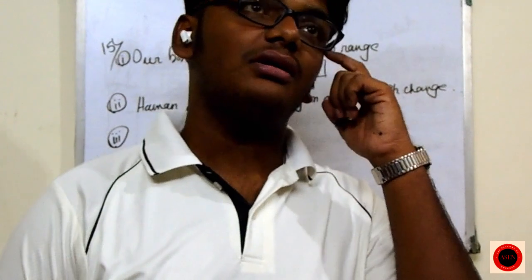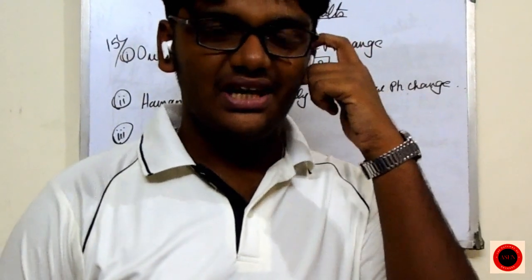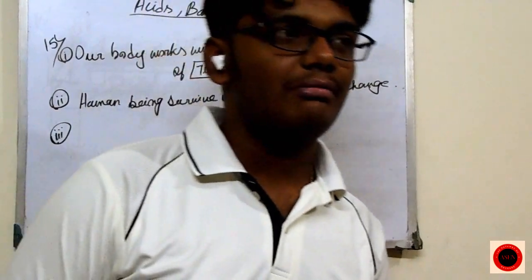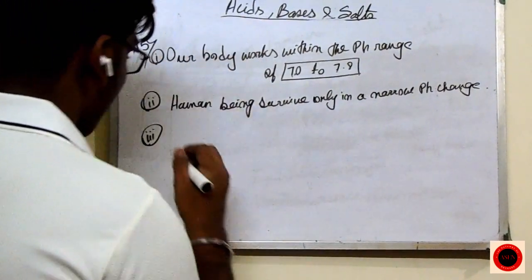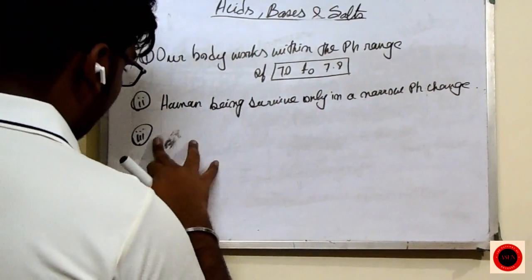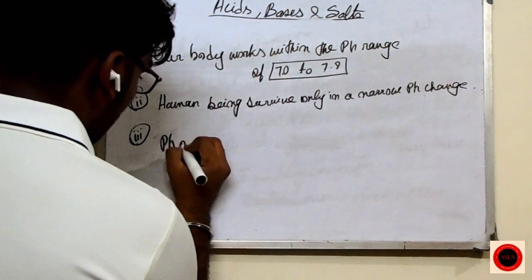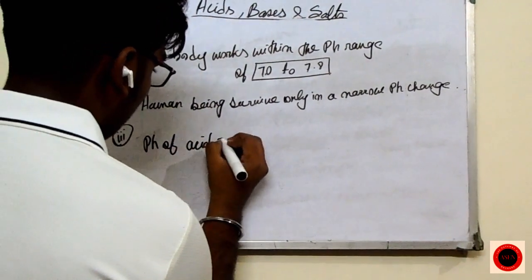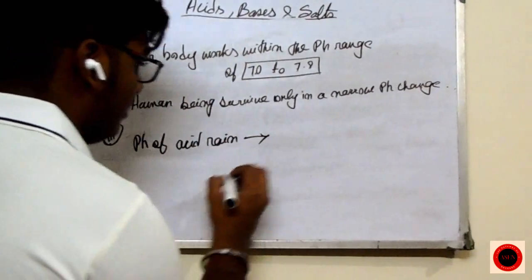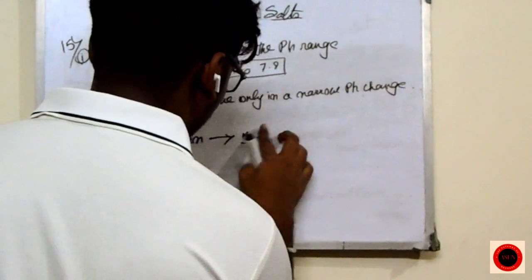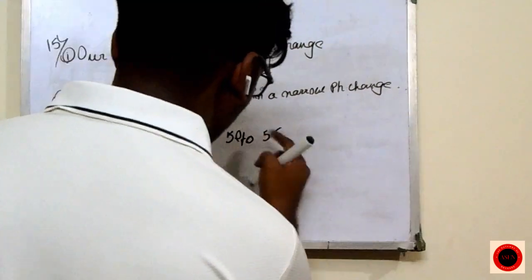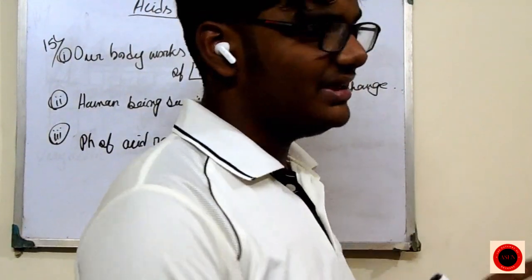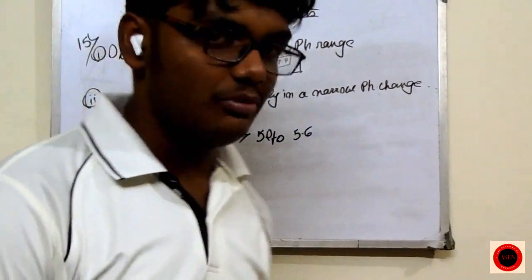We have read it in class 6 most probably in CBSE, and in ICSE most probably in class 4 to 5 they have already read what acid rain is. pH of acid rain ranges between 5.0 to 5.6. Okay.